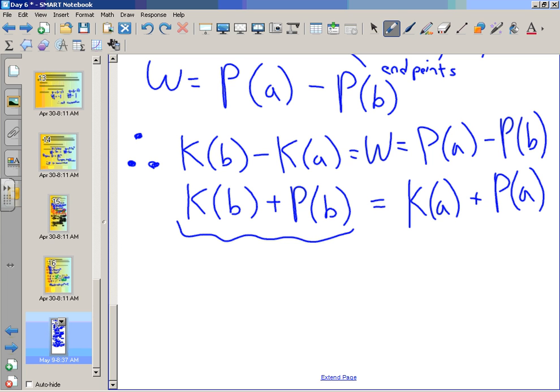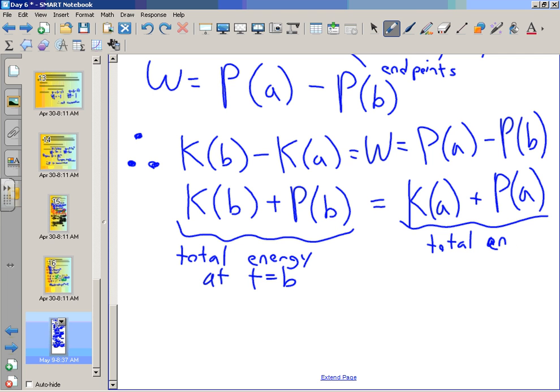So this is the total energy at B, and this is the total energy at A.